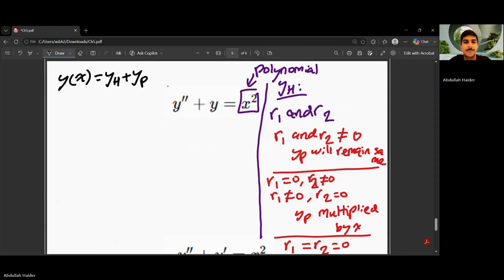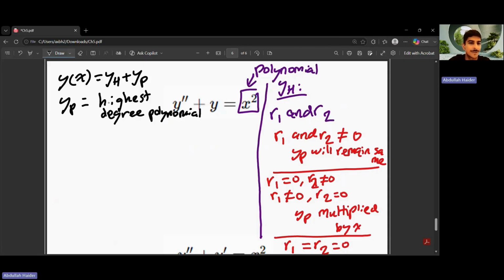So the yp for all polynomial functions is equal to the highest degree polynomial.